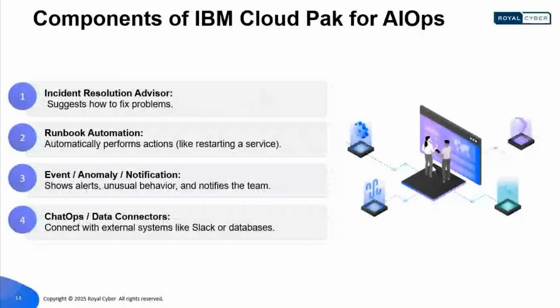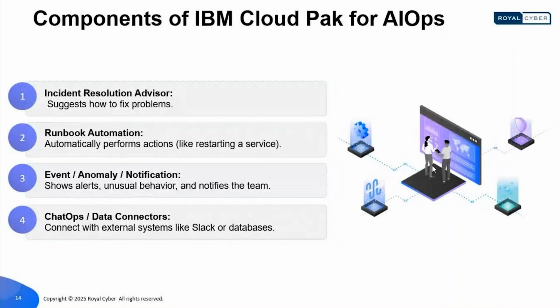Incident resolution advisor suggests how to fix a problem. Runbook automation automatically performs actions like restarting a service. For example, there is an MQ. You are monitoring different middleware tools, and based on that, if there are messages in the queue, then you can extend the current depth of your queue.